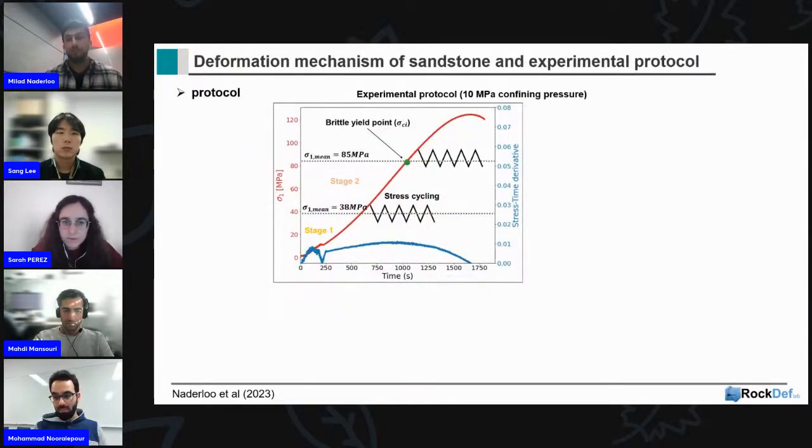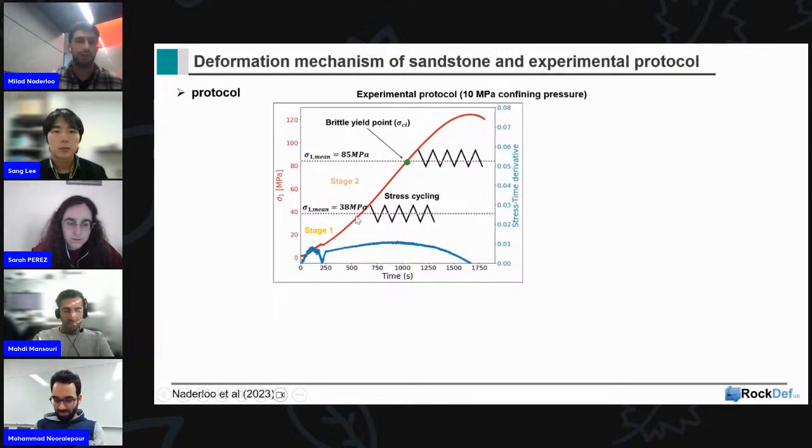After setting up, we need the experimental protocol. This is our experimental protocol and how it looks. We have our axial stress on this side, the principal sigma 1 stress. We increase the axial stress and bring our sample to failure while we keep our sigma 3, or confining pressure, constant. We want to see different stages of failure.